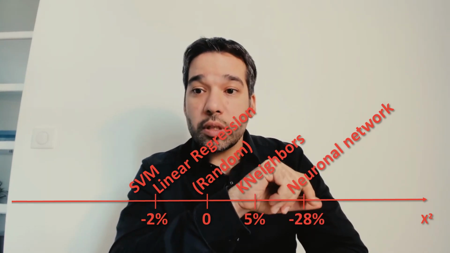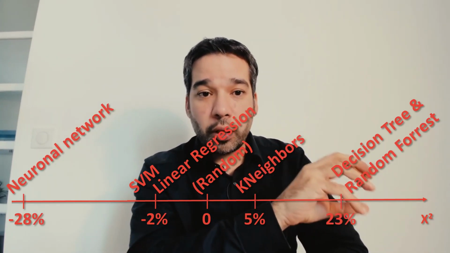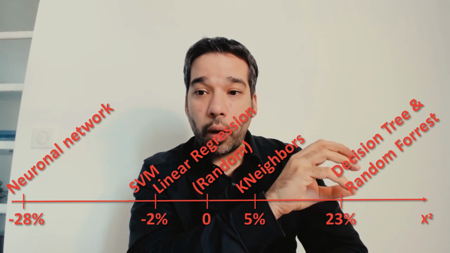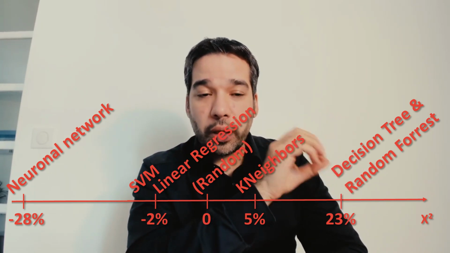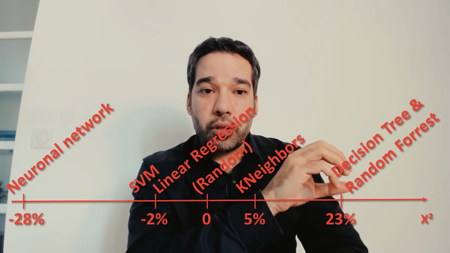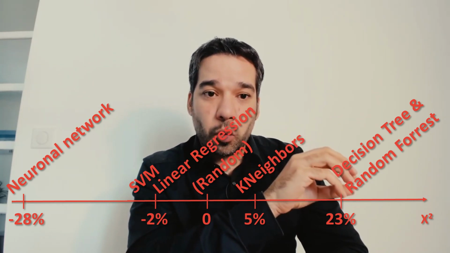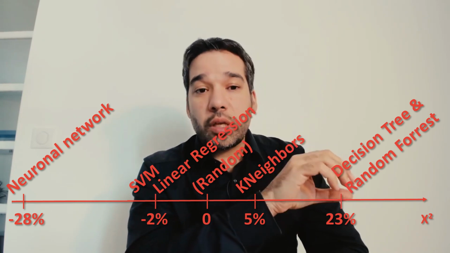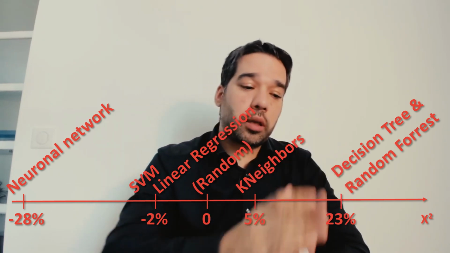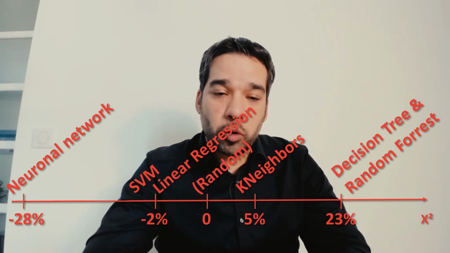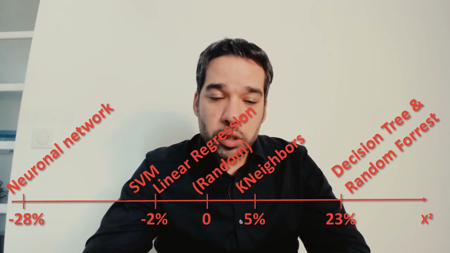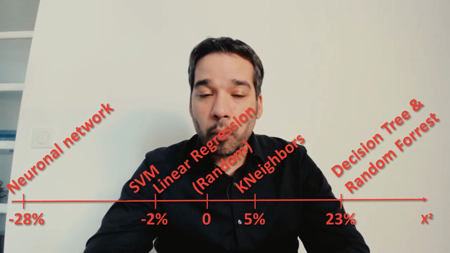But the good news is that the decision tree and the random forest are doing really well, and because they are really similar algorithms, we get the same prediction, and this is an R squared of 23%. So it means that if the market is giving us a return of 10% every year, and we use this model to predict in which stock we need to invest, we will get a much better return.